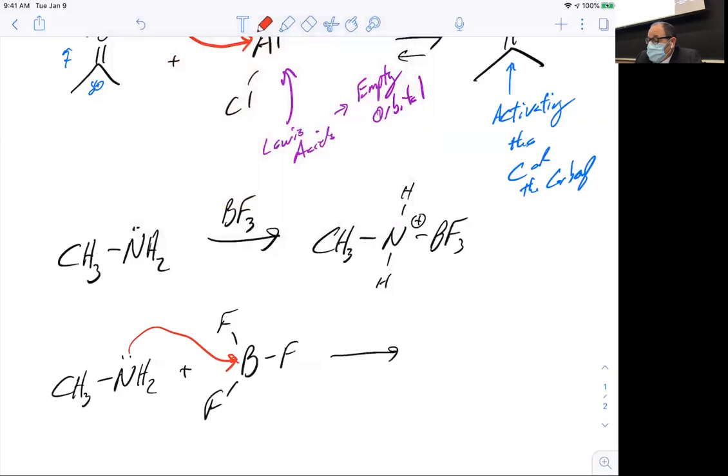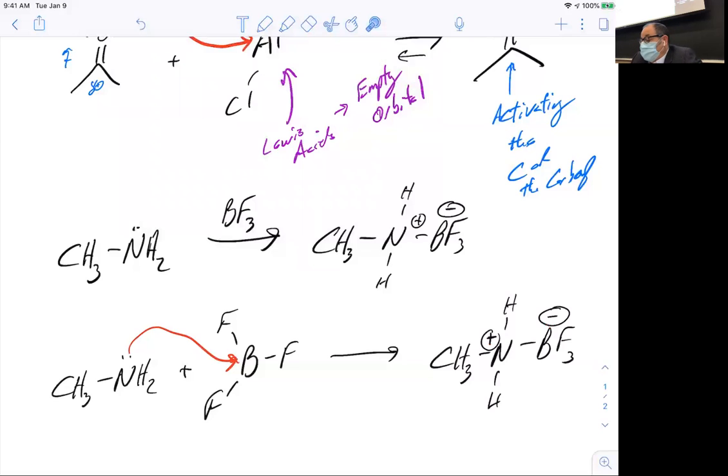So we just get a one-step donation of electrons to the boron. Boron ends up negative. I left it out up here, make sure you get the negative there. So we have positive, negative. In this case, what we're doing is we're actually making this proton much more acidic. Okay. So we do the Lewis acid-base reaction with the boron to get a change in reaction.